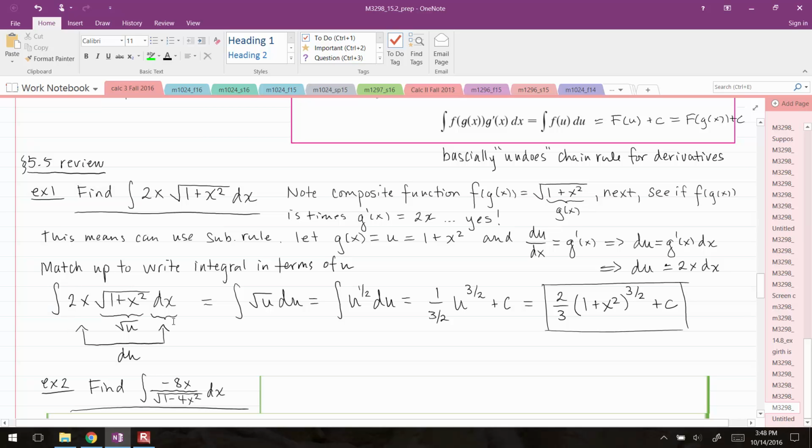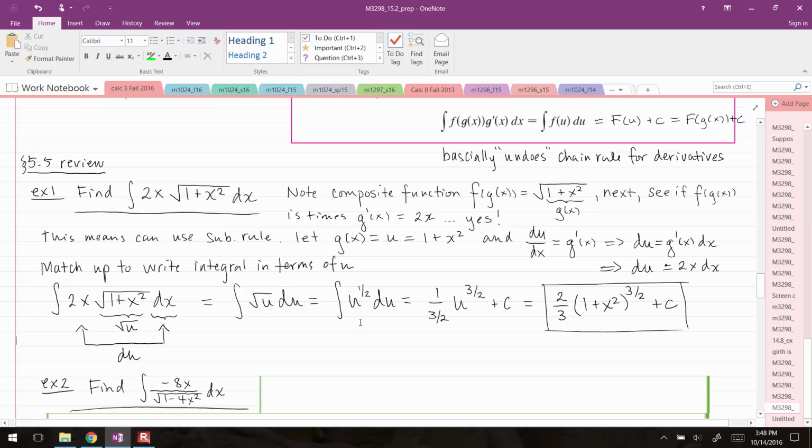Am I able to use this technique at all? If I am, I'm able to rewrite this integral totally in terms of u, and then you also have to account for the du, which is accounted for because the du, by my choice of u, has to be 2x dx, and it's there. So all that work to get this integral of the square root of u, du.